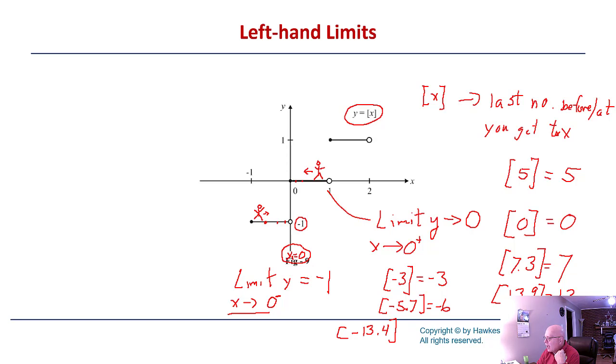As you crept up on it from the left, what was the last integer you saw? Well, it would be -14. If you're not familiar with this, play with it a little bit. You could even test it on your calculator. Your calculator does have a greatest integer function. Probably, if you've got a TI-84, for example, it's under the math series of functions. So that's a little bit about the left-hand limits.